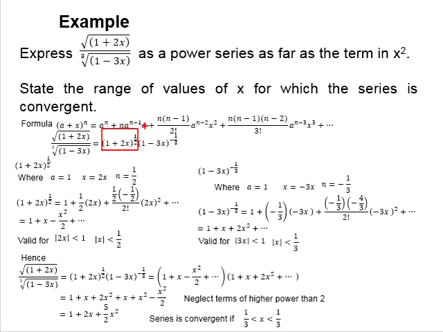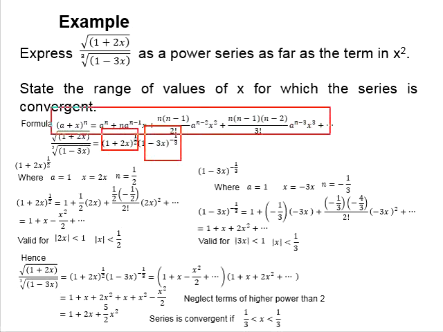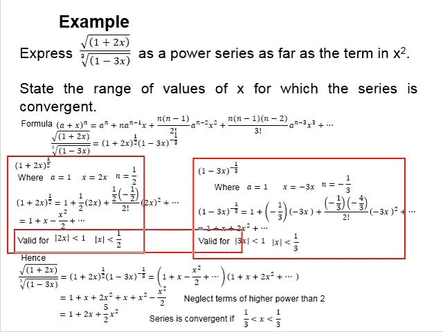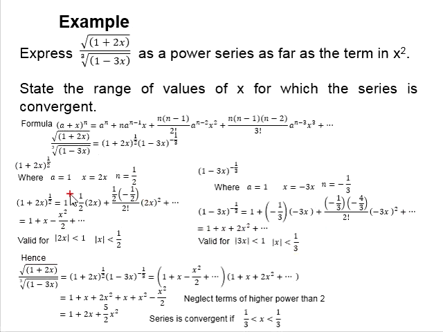This will give you two functions which require expansion by using the binomial series, which are this and this. You're going to expand them separately and also define their valid range. From the function here, you know that a is equal to 1, x is equal to 2x, and n is equal to 1/2.